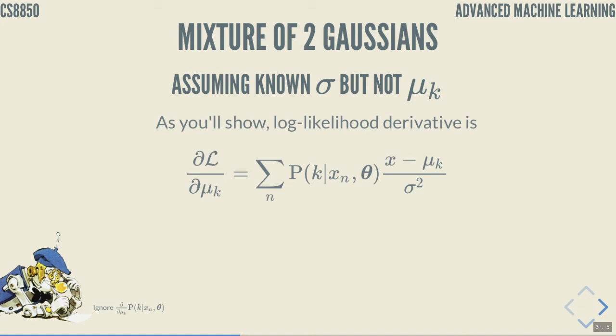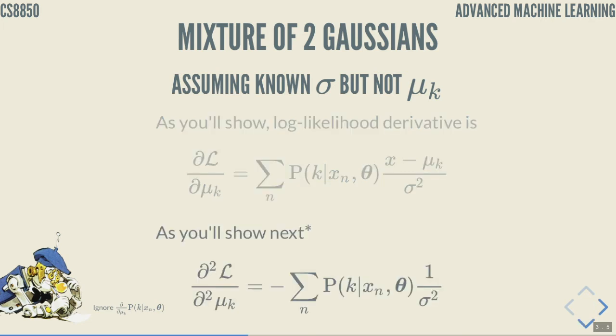Now, you will show what's the derivative of the log likelihood with respect to the mean. And next, you will show what's the second derivative of the log likelihood with respect to the mean.